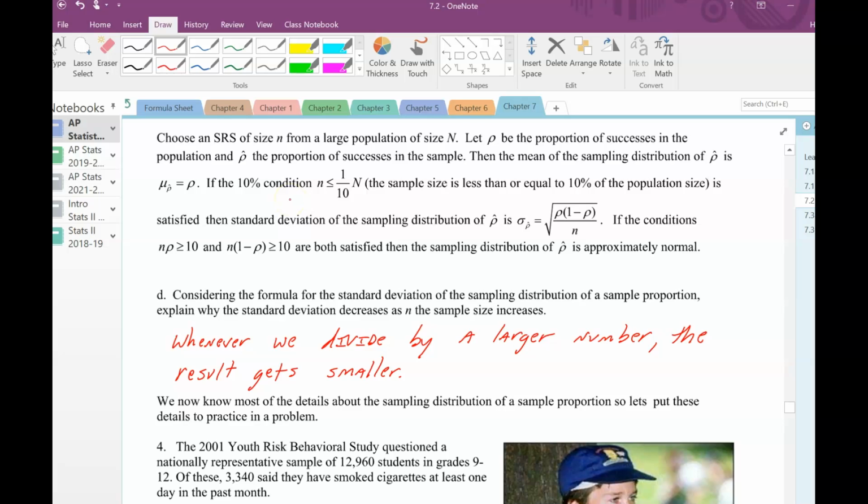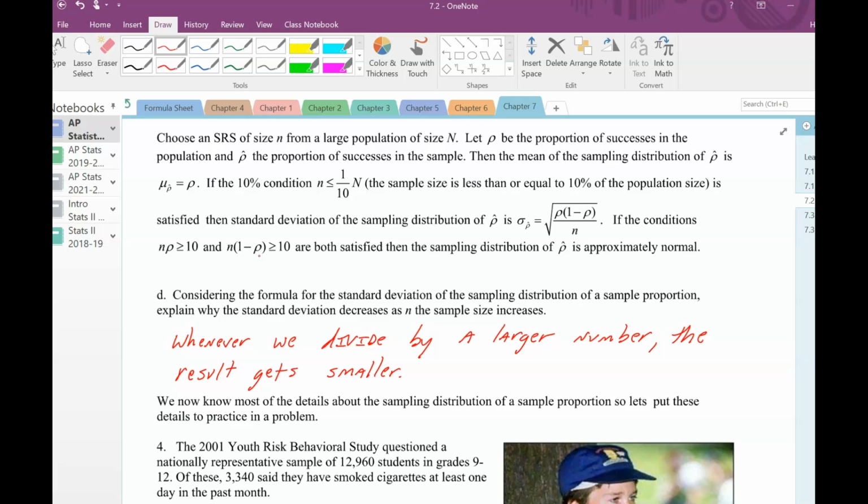And you can apply the standard deviation as long as the expected number of successes and failures are both at least 10. So what we're setting up here is before you do any calculations with these sampling distributions, there's a set of conditions that you need to check and verify are true before the process that we're going to talk about is valid or not.